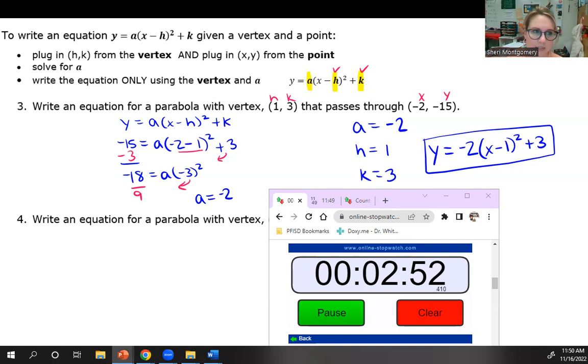It's always a good idea to label what those are. Label H, K, X, Y. Yes. It's going to be negative 18. Only H changes.